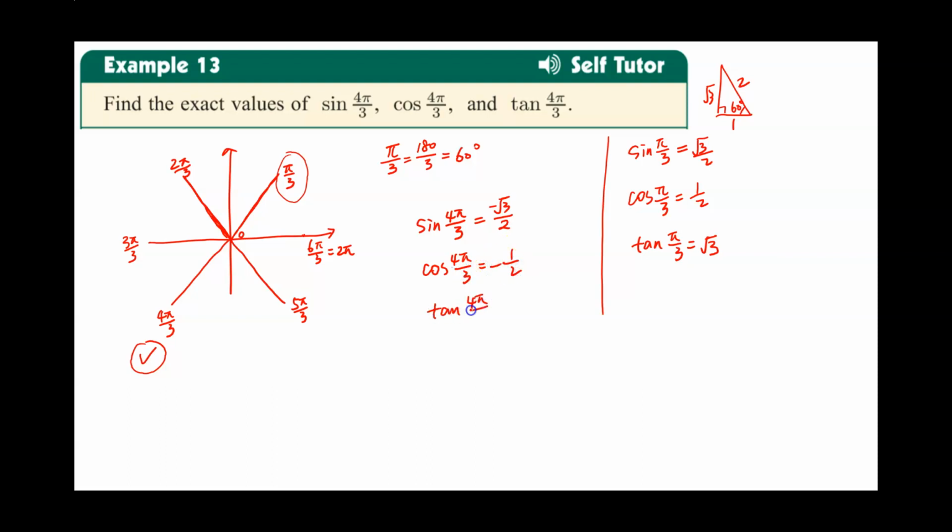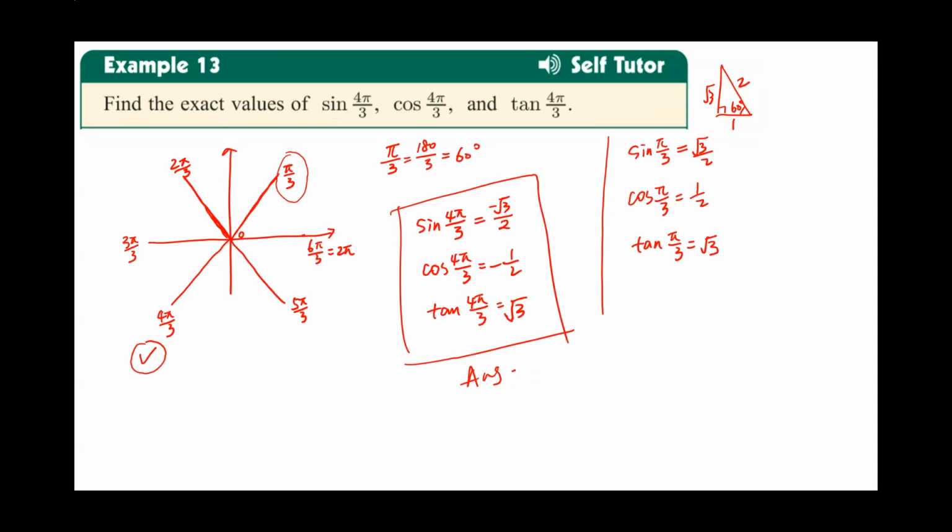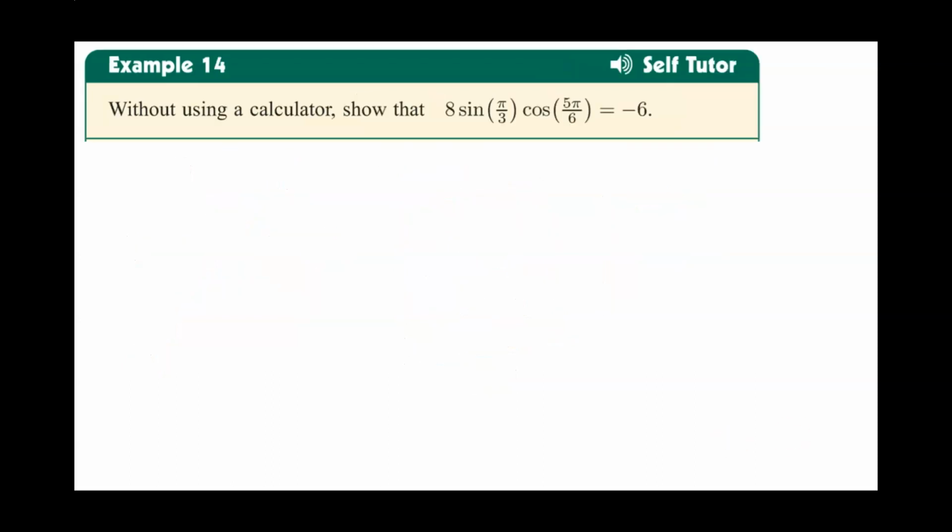Tangent 4 pi on 3 is positive root 3. So this is the answer. By using the special triangles, you can literally do that, see which quadrant, and then just change the sign.